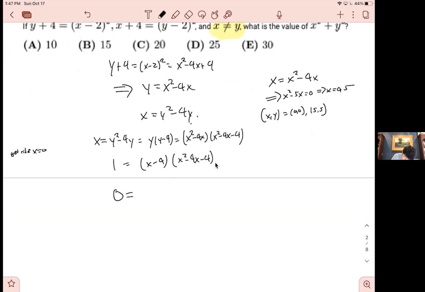Now we can expand and cancel. So this is x cubed minus x squared plus 12x plus 16. And then we're going to cancel this down.